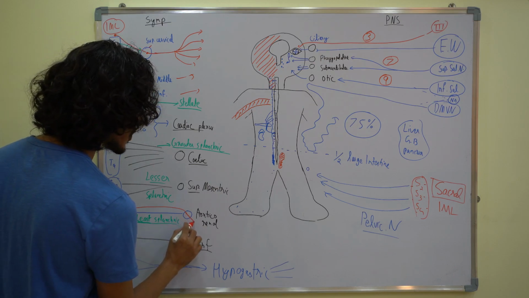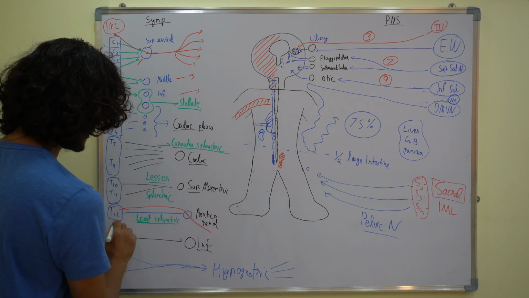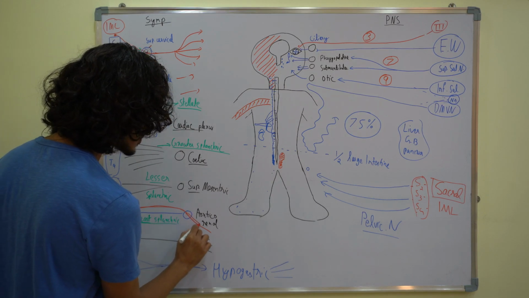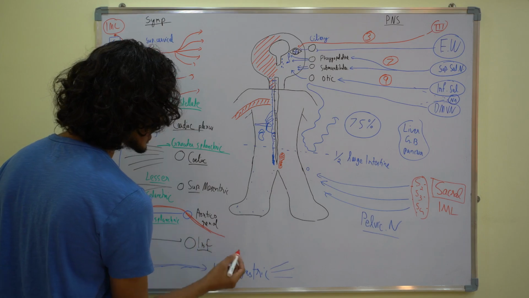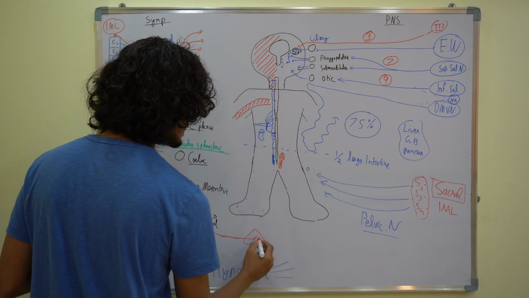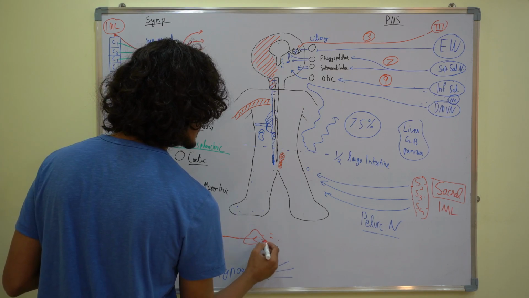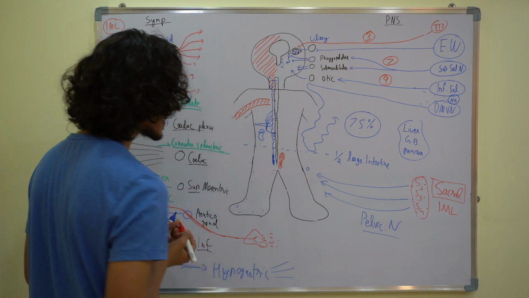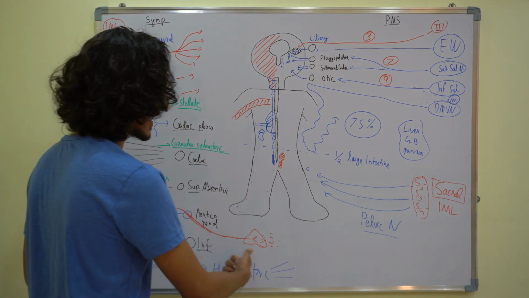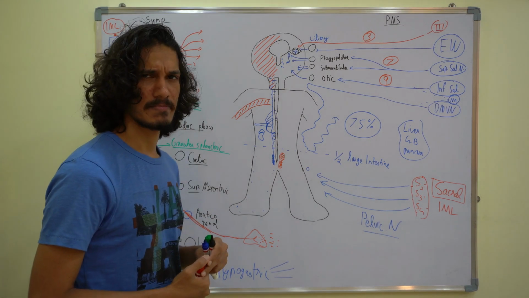Instead, they keep going, especially these fibers, and do not synapse until they reach your adrenal medulla, from where the neurotransmitters epinephrine or norepinephrine are released. So ultimately the adrenal medulla acts like a ganglion, where the ganglionic segment terminates.